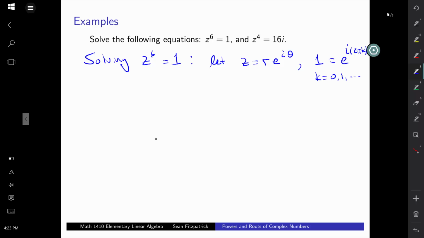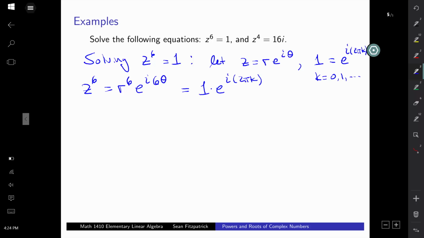Okay, so z to the n is going to be r to the n. Well, sorry, z to the 6th, we're doing z to the 6th. So z to the 6th is going to be r to the 6th e to the i times 6 theta, and that's going to be equal to 1 times e to the i times 2 pi k.